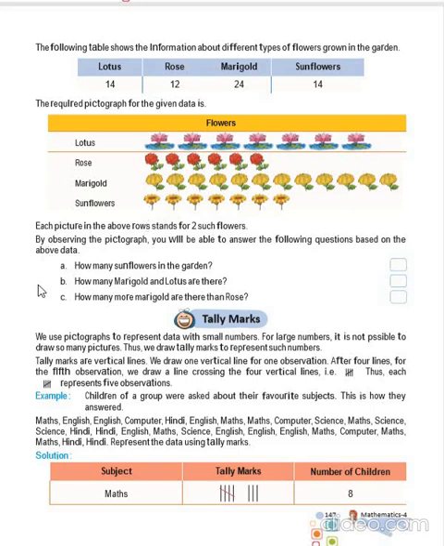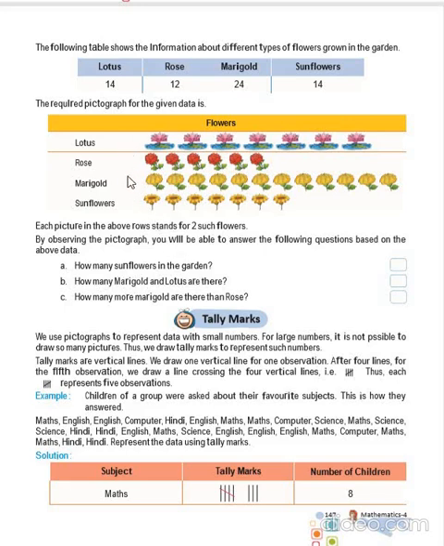Now, on this basis, we have to answer the following questions. How many sunflowers in the garden? So it will be 14. How many marigold and lotus are there?